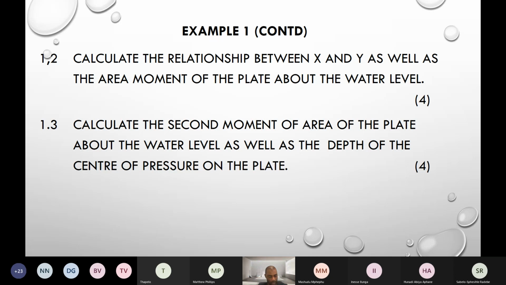So in 1.2 we're looking for a relationship between X and Y, and in 1.3 you're looking for the second moment of area plus the depth of center of pressure.